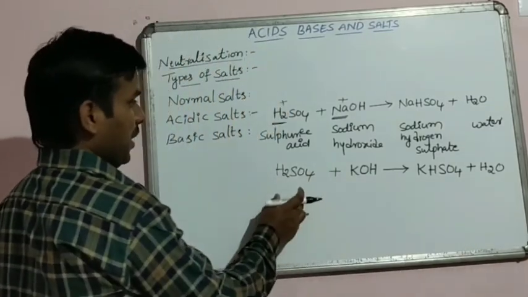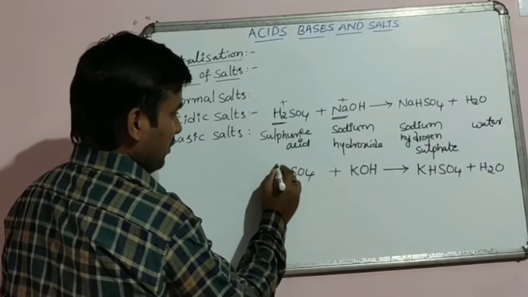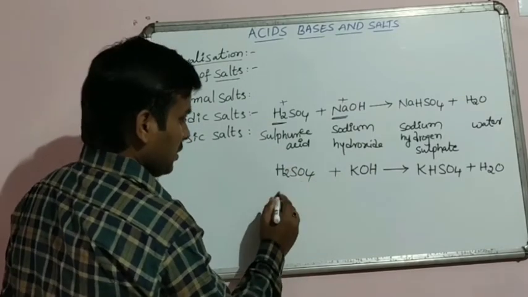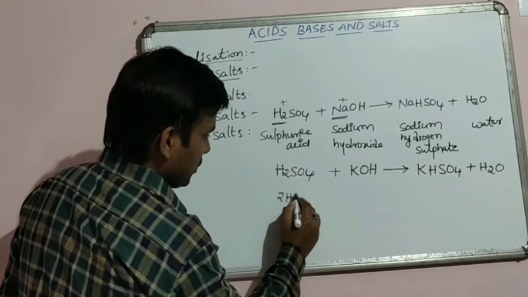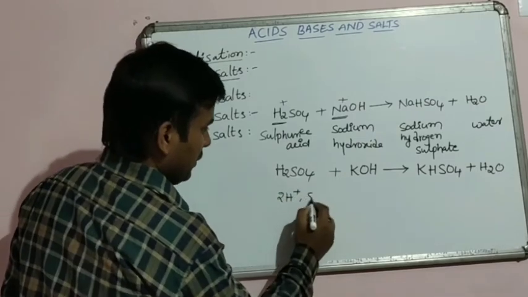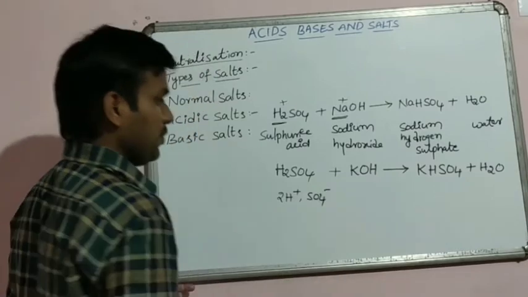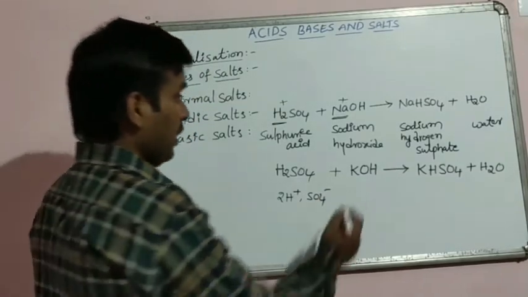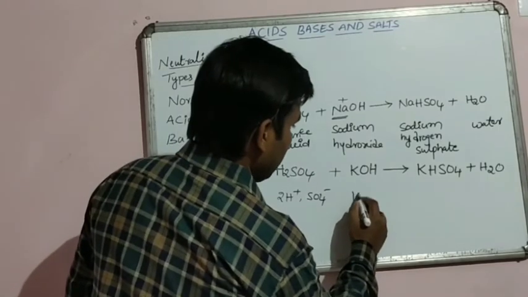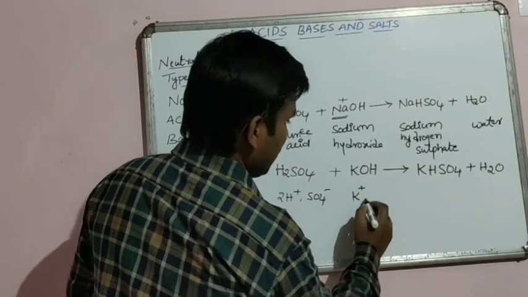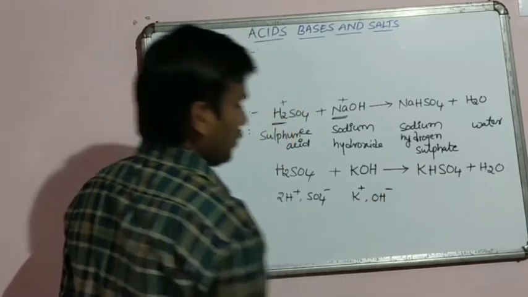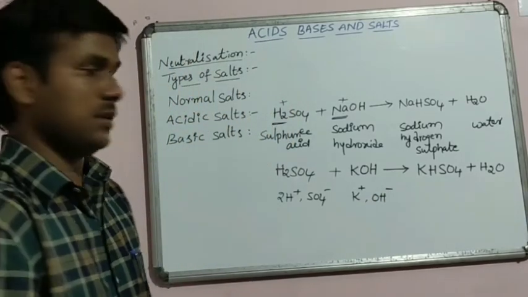When the acid dissolves in water it produces 2 hydrogen ions and 1 sulfate ion. And potassium hydroxide, when dissolved in water, produces potassium ion K plus and hydroxide ion OH minus.